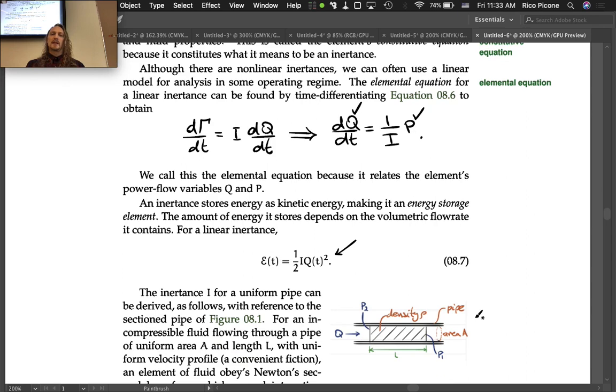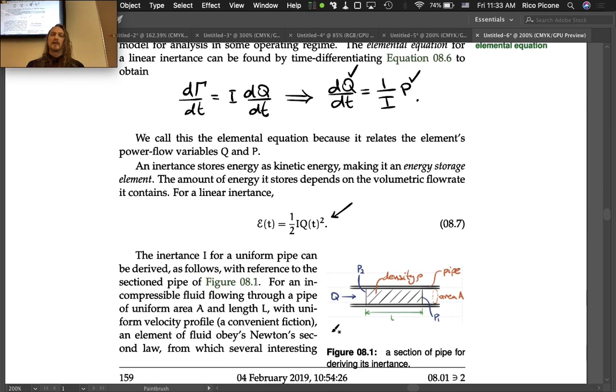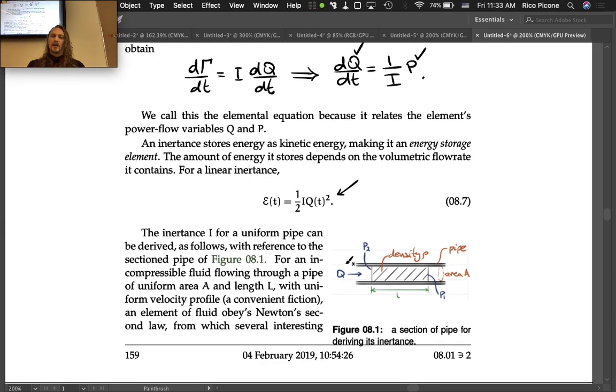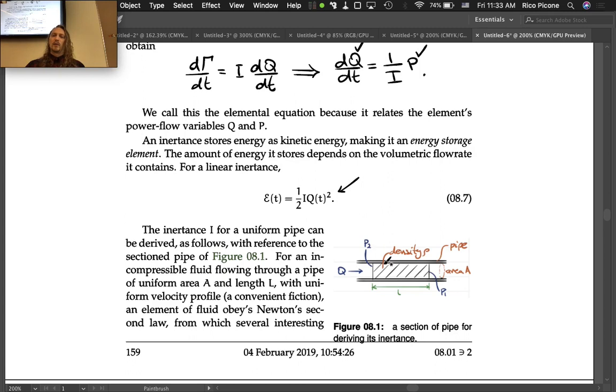The inertance I for a uniform pipe can be derived as follows, with reference to the sectioned pipe shown in figure 8.1. This is when we're typically going to use inertance, when there's a pipe involved.